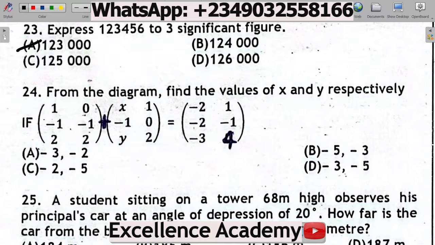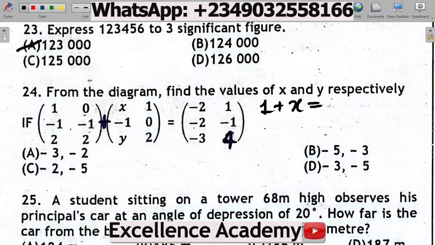In my first bracket, if you look at the x position here, this is x. You trace the 1 in the first bracket at that same position, that is 1. The sign in between them is plus. So what we have here is 1 plus x. Let's write that down. So we have 1 plus x is equal to the term in that same position, which is minus 2.